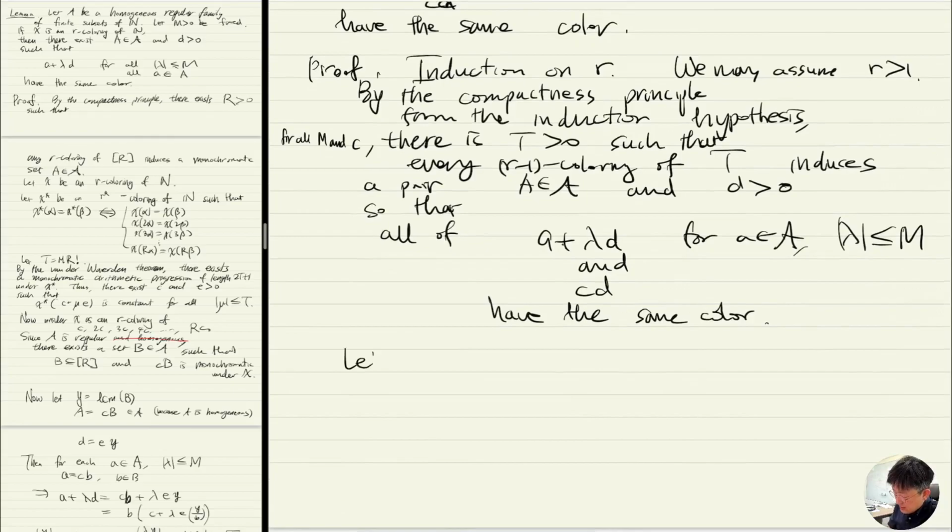Right, so now let's start with an r-coloring chi of the set of positive integers.